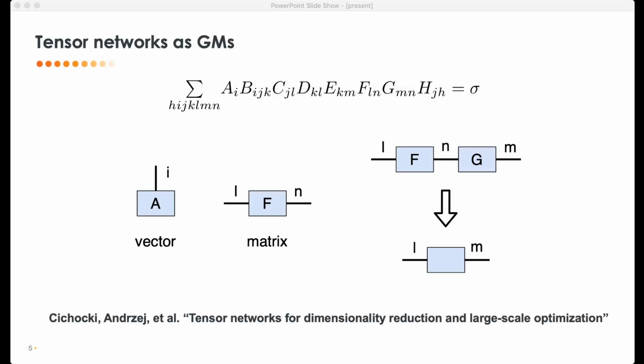For example, there is a vector A, and it has a single index I, and the matrix F, which has two indices L and M. Connected indices are summed over, so on the right, this diagram represents a product of two matrices F and J. A very good overview of tensor networks is a book of Andrzej Cichocki, Tensor Networks for Dimensionality Reduction and Large-Scale Optimization.